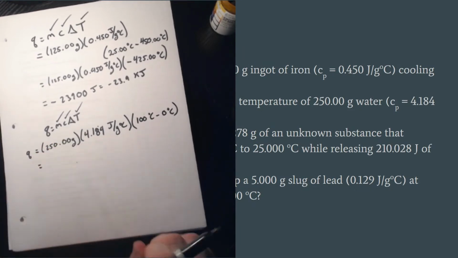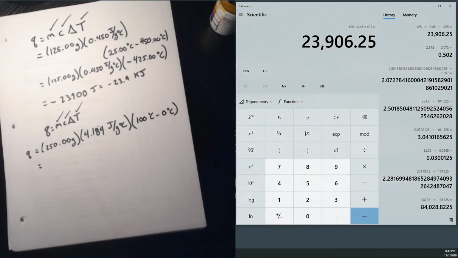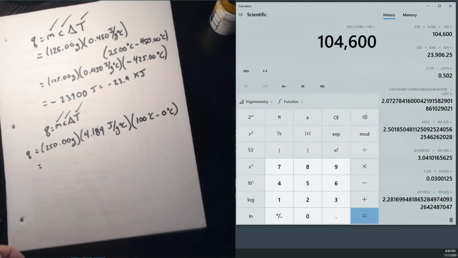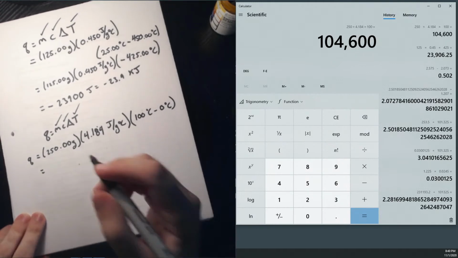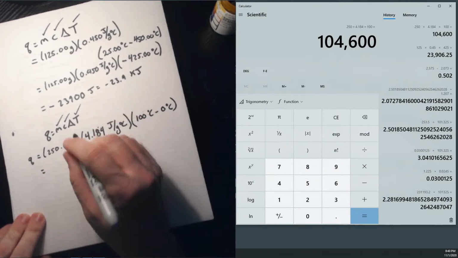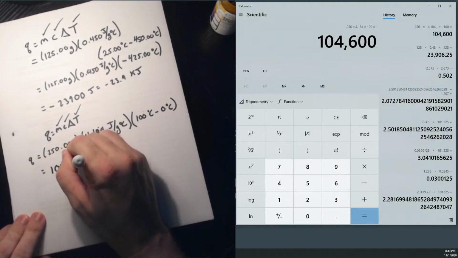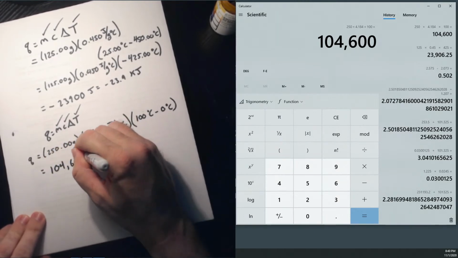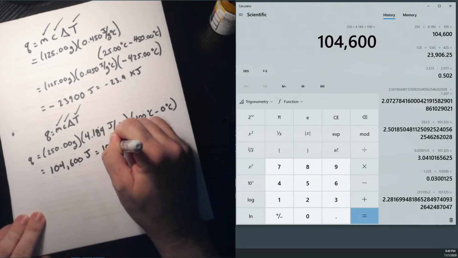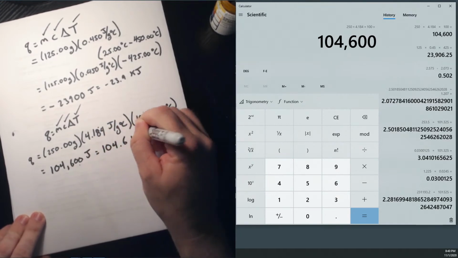So we can plug all that into the calculator. 250 times 4.184 times 100 is going to give us, let's see, 4 sig figs, 104,600 joules, or 104.6 kilojoules of energy.